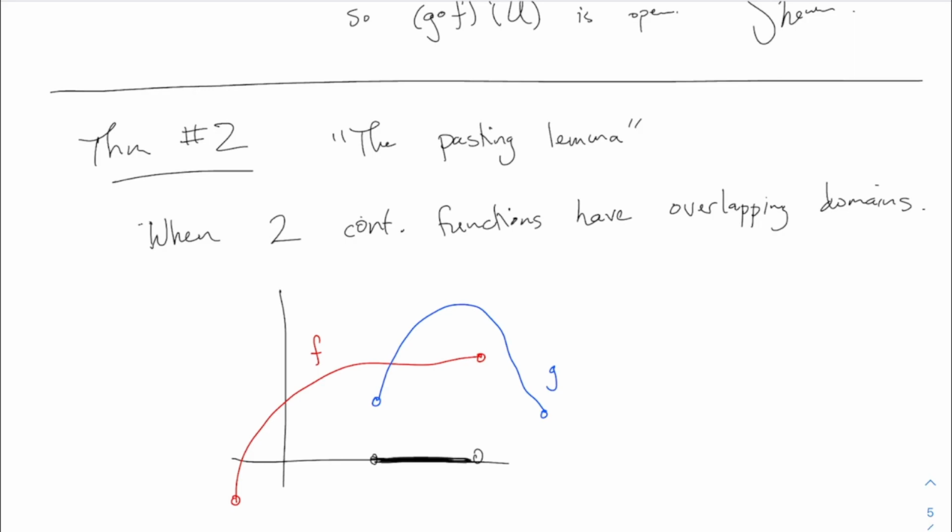Now, these two functions cannot be glued together to make a single function, because F and G, where the domain overlaps, have different function values here, and there's no standard way to rectify the difference. But the theorem says if F and G have the same values on the overlap, then you can stick them together and create one big function.